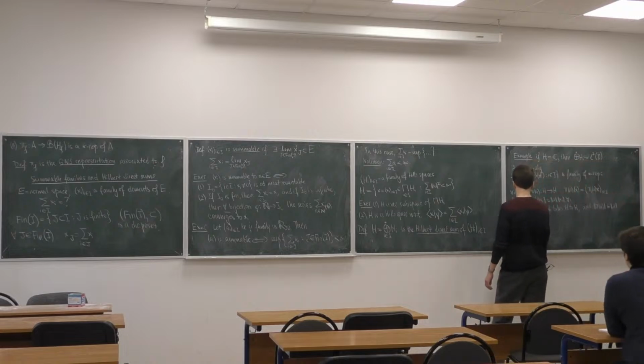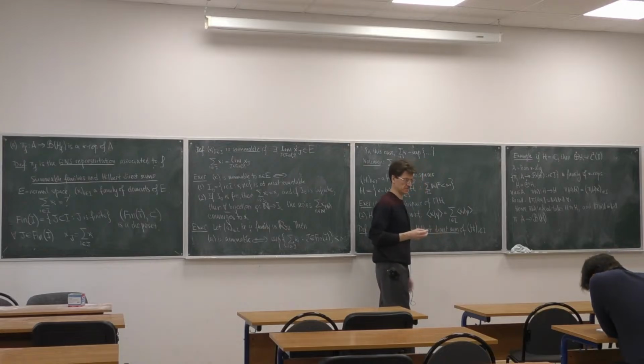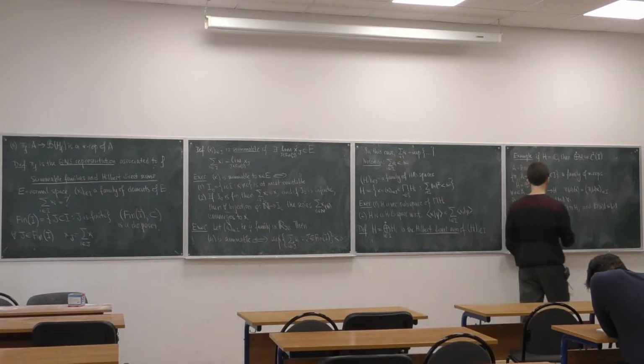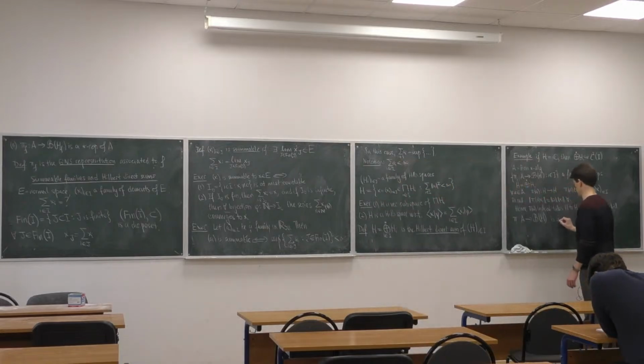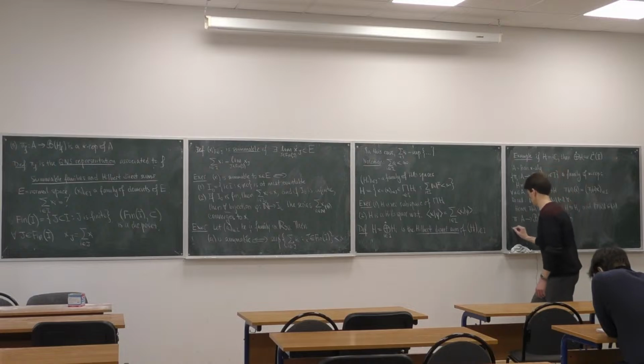So we get a map pi from A to B(H). And it is very easy to see that this is also a star representation of A. This representation is called the Hilbert direct sum of the family pi_i, and it will be denoted like this.